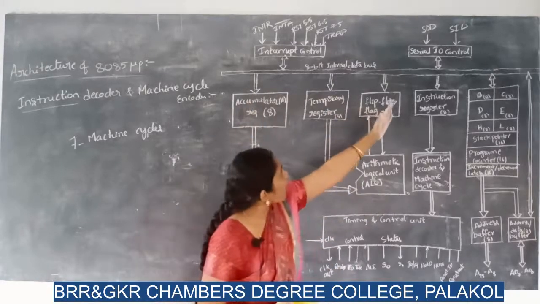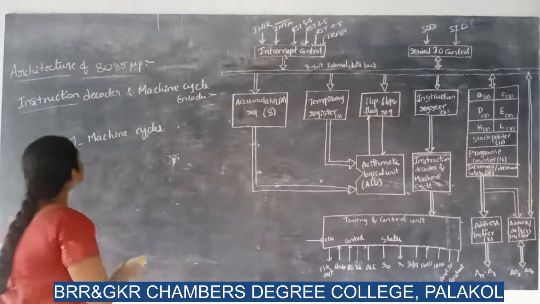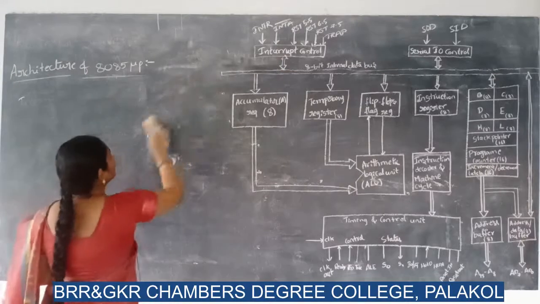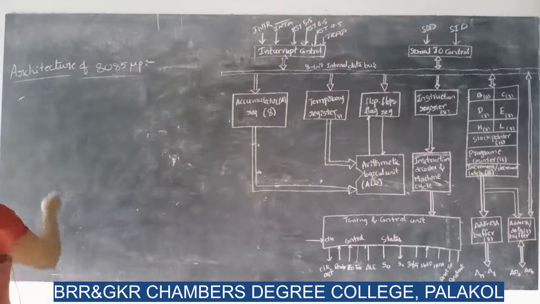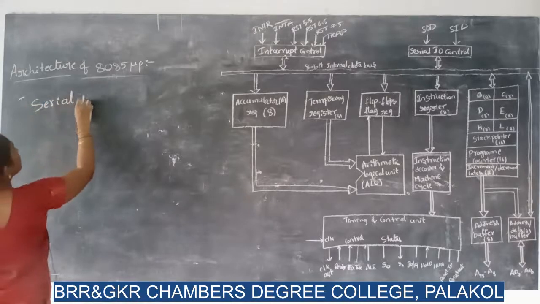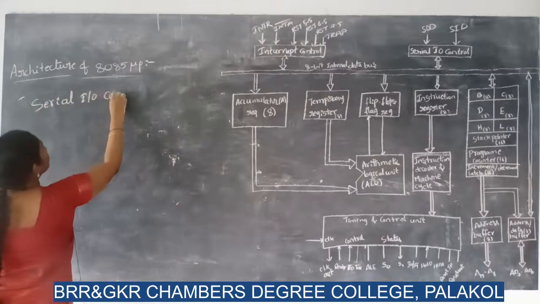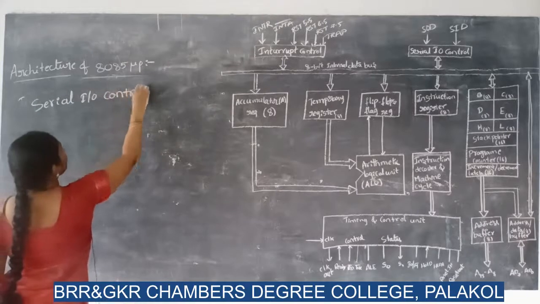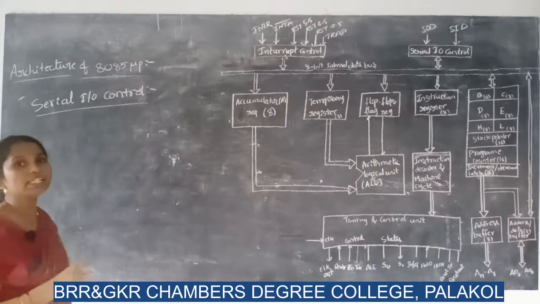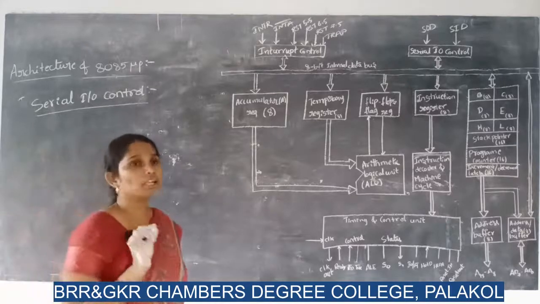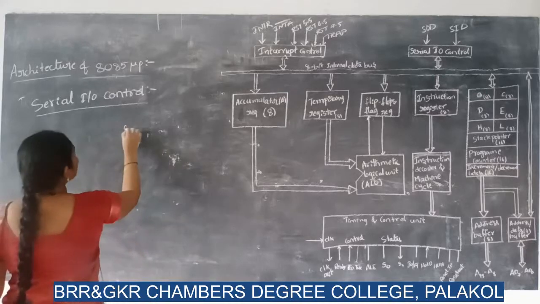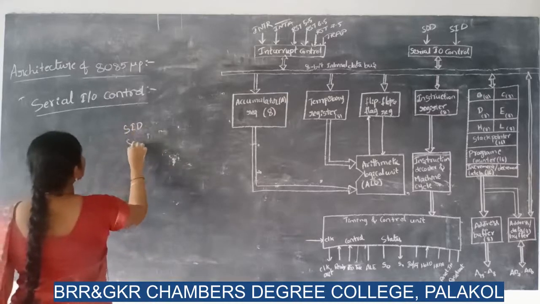Okay, and next after that, serial IO control. So this serial IO control is used for the serial communication. It has 2 lines, those are SID and SOD.